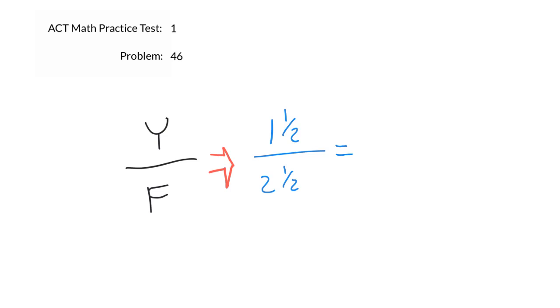And what they say is Diana will use the entire contents of a packet that contains 2 1/4 teaspoons of yeast. So already, I'm going to say, let's put that up here, 2 1/4 teaspoons of yeast, and that's going to be related to a certain amount of flour, and I'll actually just call it X. That's fine.